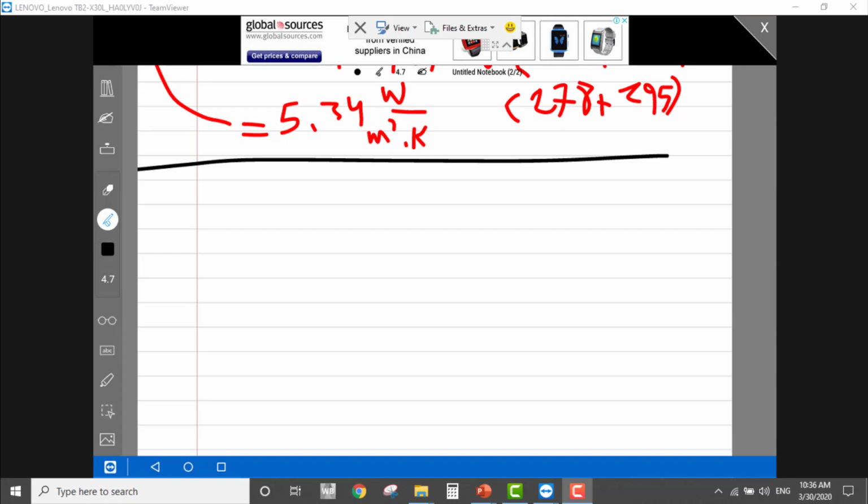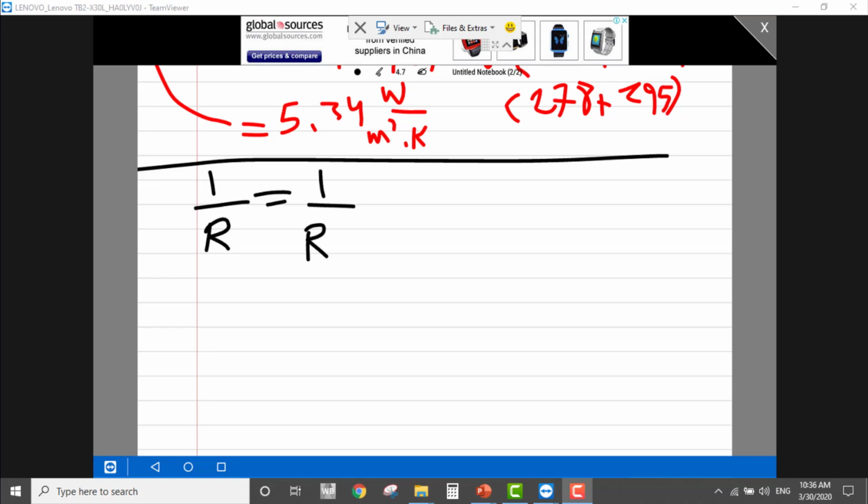Now I need to calculate the R total or R resultant from convection and radiation. This is equal to 1 over R equals 1 over R convection plus 1 over R radiation.